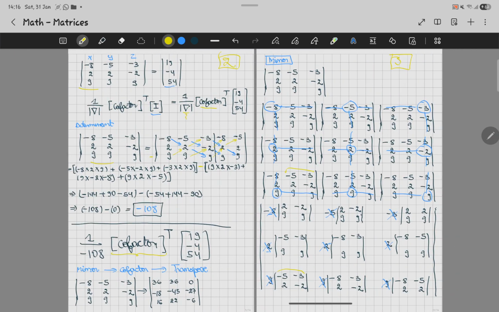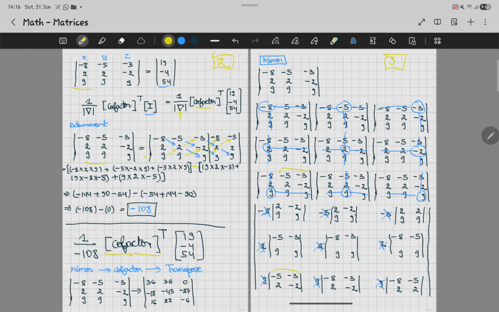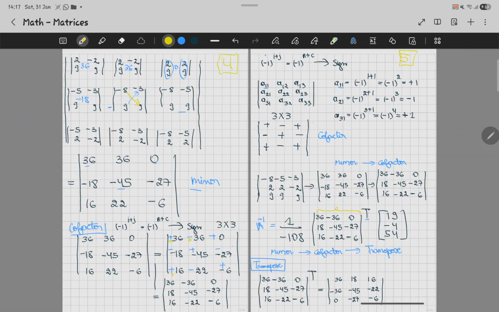Once we got our determinant, we went to look for the minor. We solved for the minor before we get to the cofactor, and this is the answer that we got for the minor. Then we looked for the cofactor, and this is what we applied to get the cofactor.